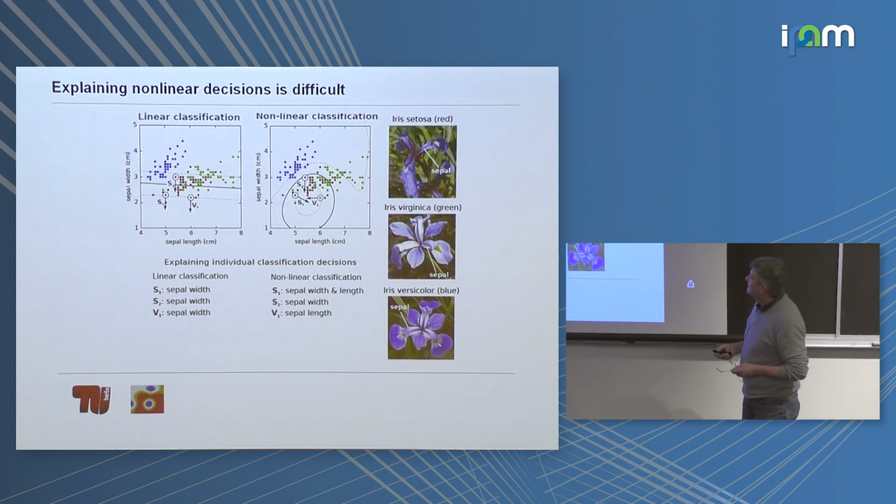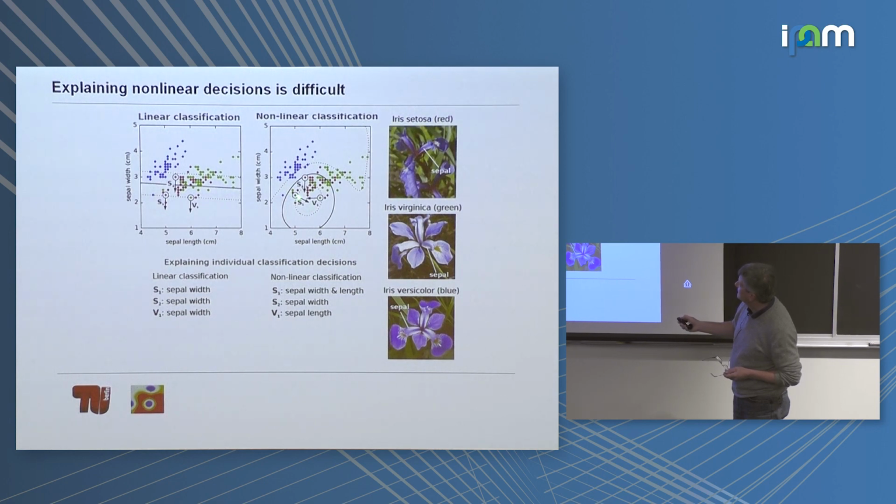Because, for example, I'm now considering this nonlinear model. Some red setosas are classified because of their sepal width. Some are classified as setosas because of width and length. And for example, this is a Virginica because of the length.